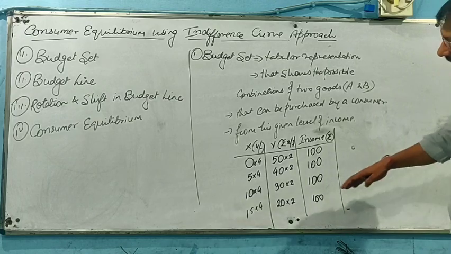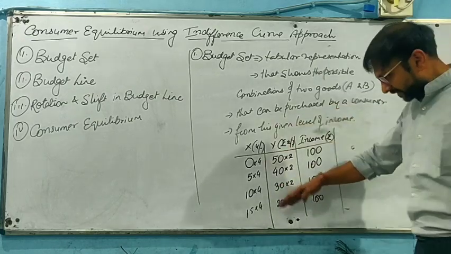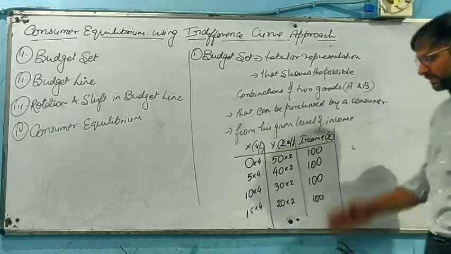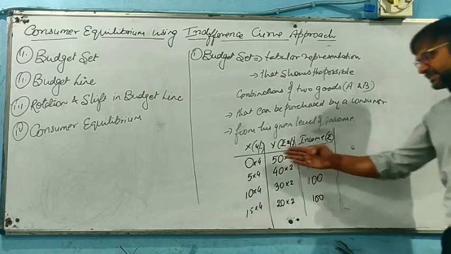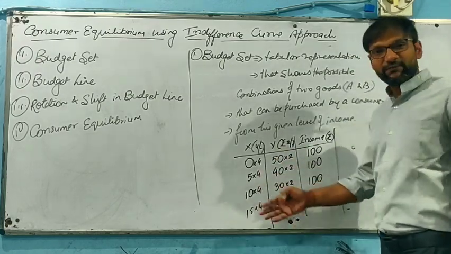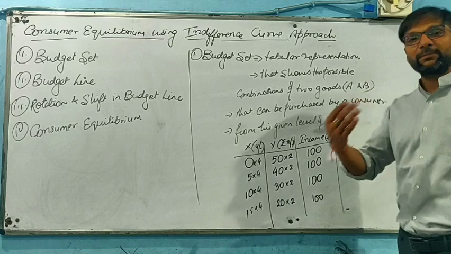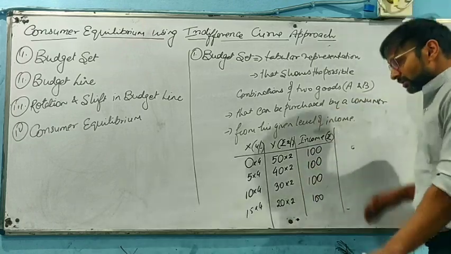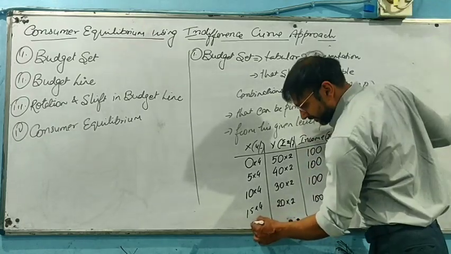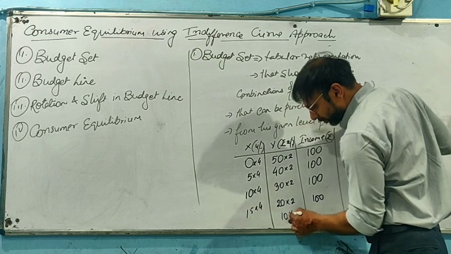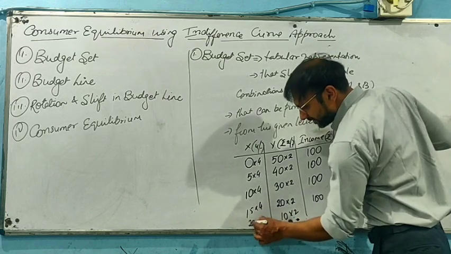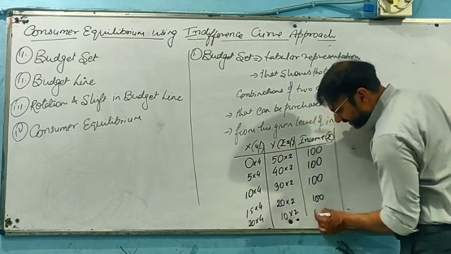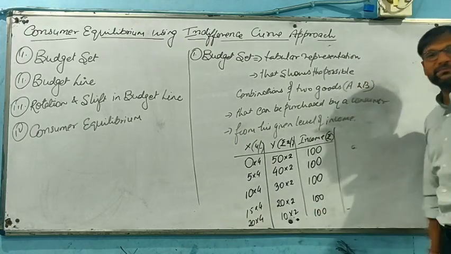So what we are seeing are the possible combinations that a consumer can buy from a given level of income. We can also frame some other possible combinations, but we must frame combinations that are easy to understand and grasp by the students.